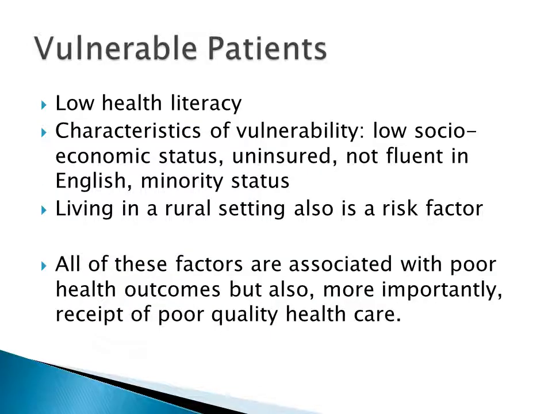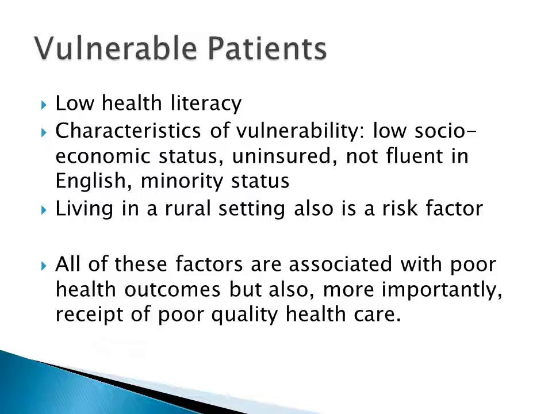Vulnerable patients are usually a population of patients rather than individual patients. They often have low health literacy, although truthfully, when data are explored from the entire population of people in this country, most of the people in this country would be defined as having low health literacy.